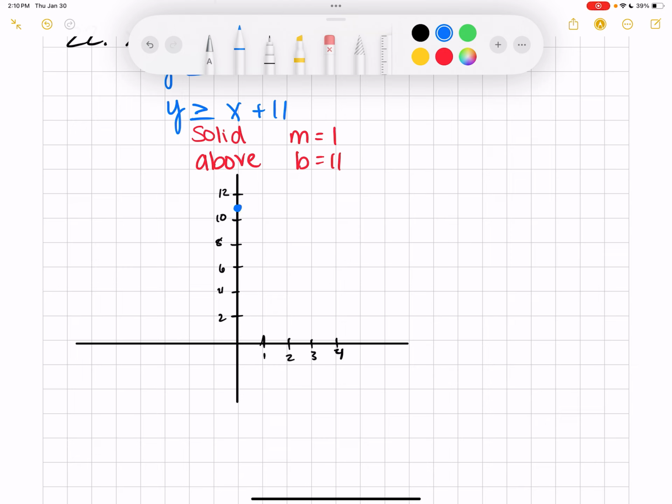Now my slope is 1, so that means I go up 1, right 1. Or my graph's not big enough for me to keep going up. I can also go down 1, back 1. Okay, then connect the dots. So this one was getting shaded above, so that means up in here.